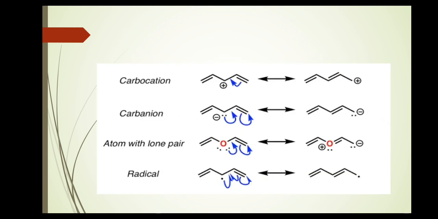See, another point we discussed: carbocation, carbon having positive charge; carbanion, carbon having negative charge; atom with a lone pair, here oxygen having 2 lone pairs of electrons; radicals, meaning carbon having a single electron. They also sometimes get involved in delocalization, that means movement.